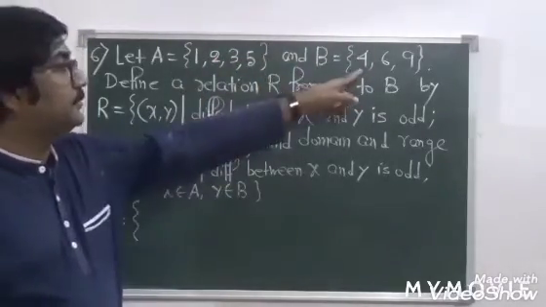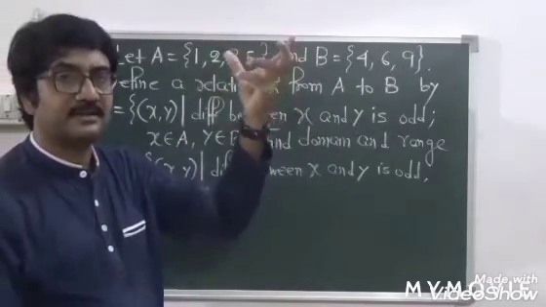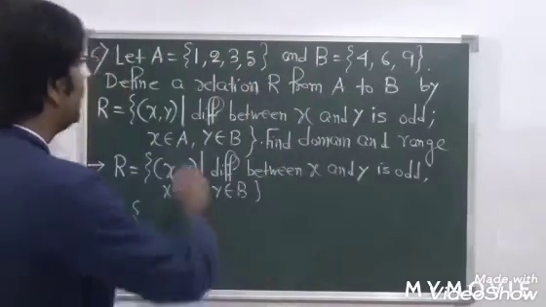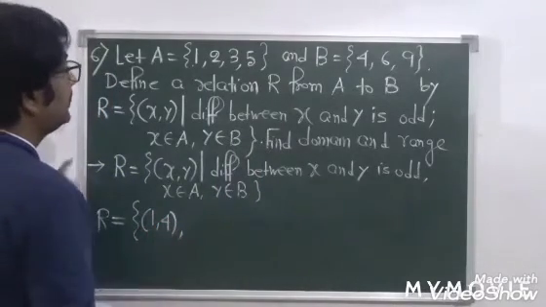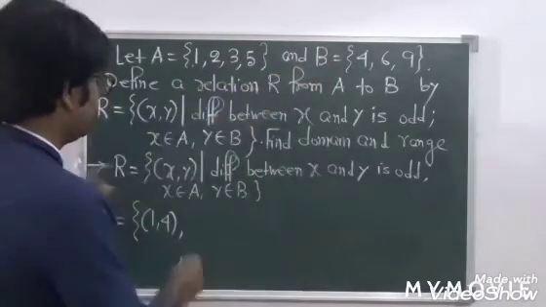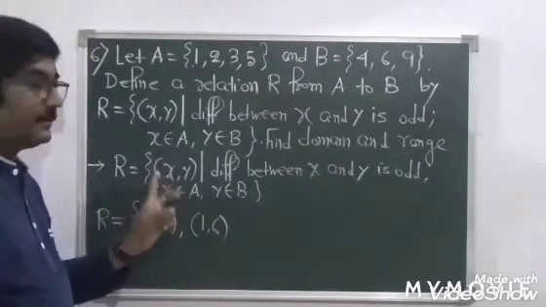So for 1 and 4, the difference, 4 minus 1, is 3, an odd number. So we can relate 1 with 4. So you can write (1, 4). And (1, 6): the difference between 1 and 6, that is 5, is also an odd number.